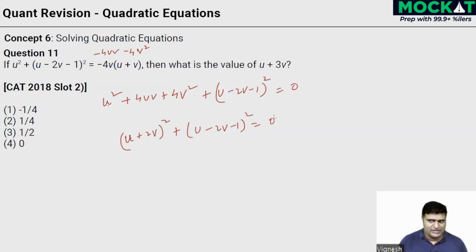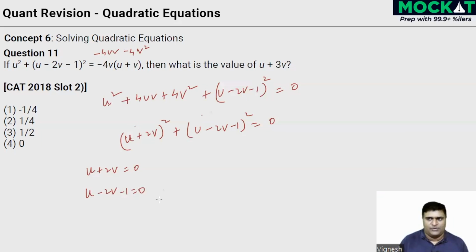Sum of two squares can be 0, squares are never going to be negative. If the sum of two squares is 0, it's only possible if each of these values is 0. That is, u plus 2v equals 0 and u minus 2v minus 1 equals 0. Both have to be equal to 0.